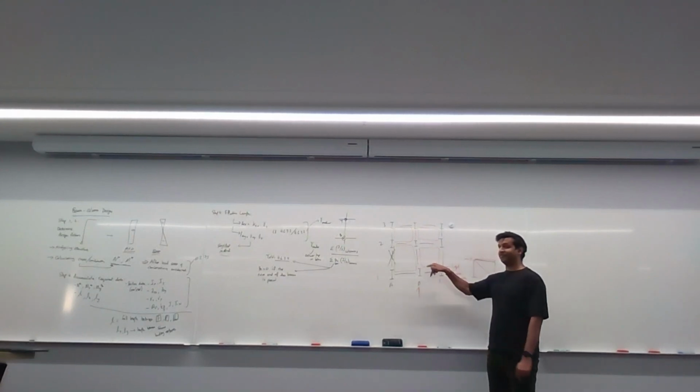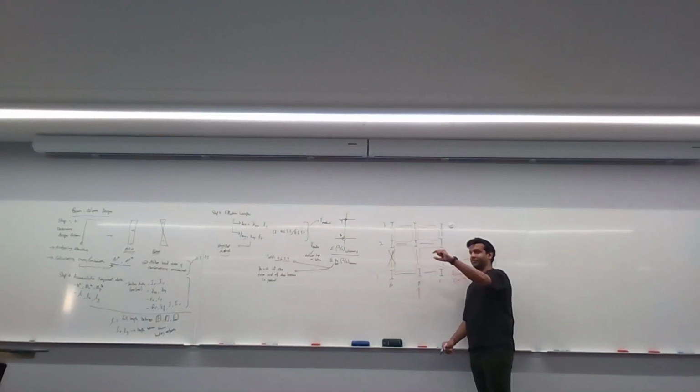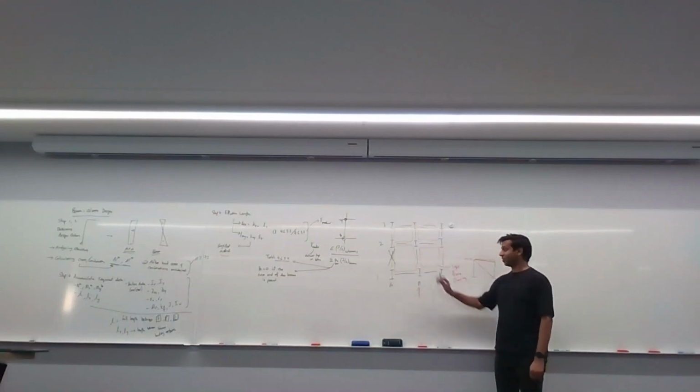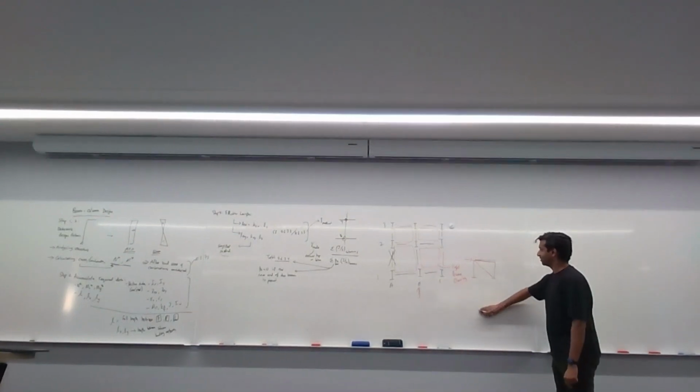So remember, this is plan view. These columns are sticking out of the whiteboard. So I draw this up for you.